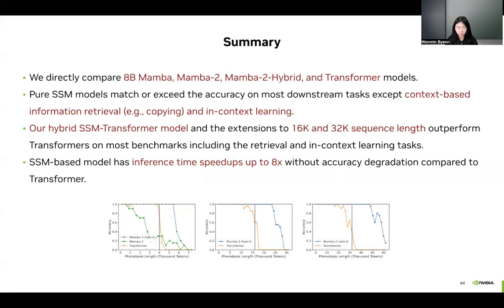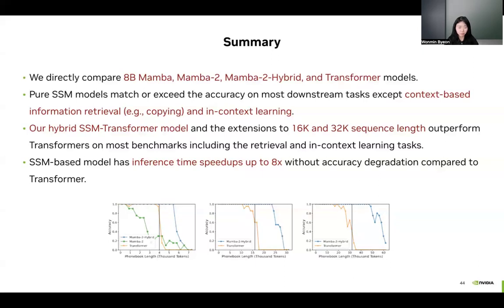Okay, here is the summary. In our paper, we directly compare 8 billion Mamba, Mamba 2, Mamba 2 hybrid, and transformer models. We show that pure SSM models are good in accuracy on most downstream tasks, except the retrieval and in-context learning.